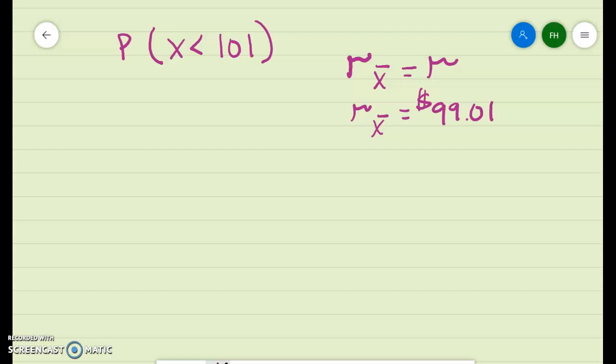$99.01. So we can find the z-score: we take the sample mean minus the mean of the samples, divided by the standard error of the mean.